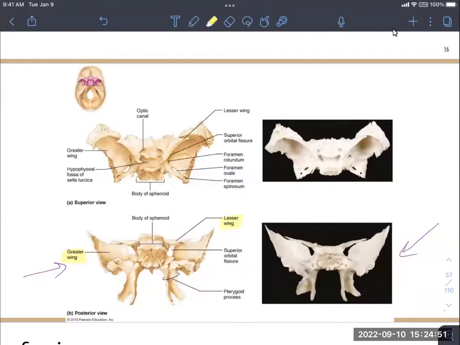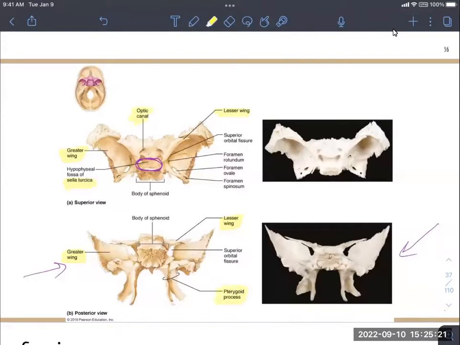We have our sella turcica right in here. Your pituitary gland sits there. Here's your lesser wings from this angle, your greater wings from this angle. Your optic canal, your pterygoid processes.